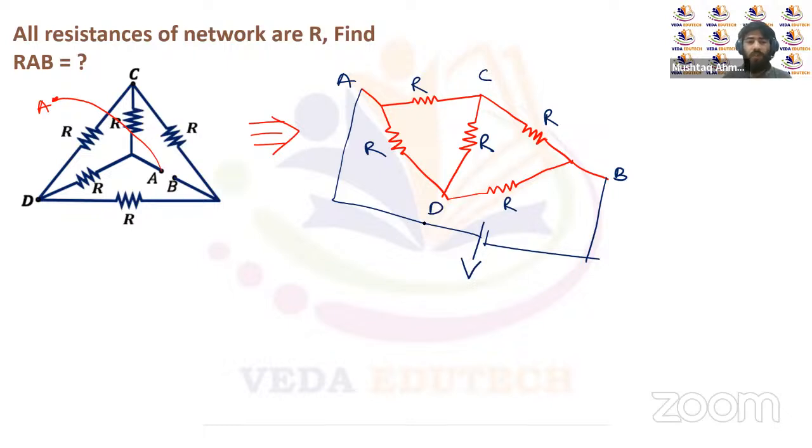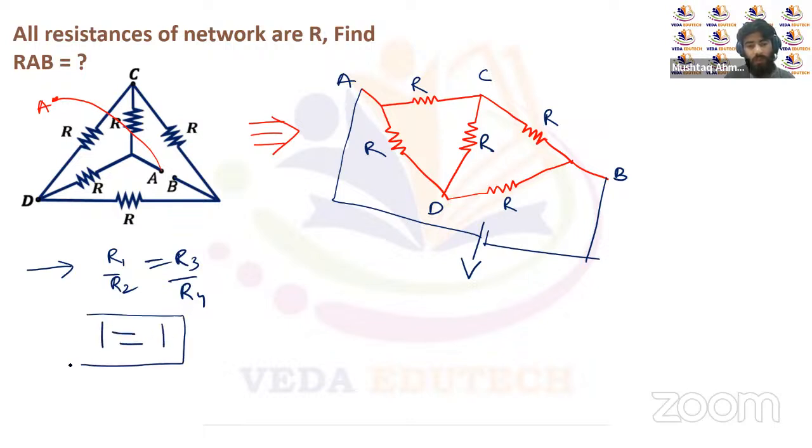Now we'll see whether it's a balanced or unbalanced Wheatstone bridge, right? Since each of the resistors has resistance R, and it's a very symmetric circuit, it has to be a balanced Wheatstone bridge. So R1 over R2 will be equal to R3 over R4, right? It means that R1 over R2 is equal to 1 and R3 over R4 is also equal to 1.